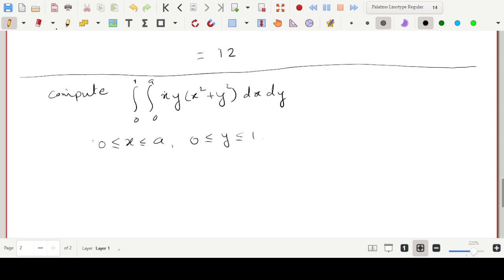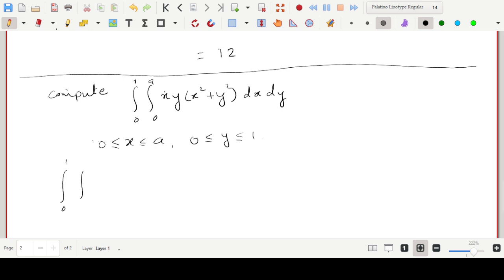Here the value of a is not given, that is an arbitrary value. So the answer that we obtain will be in terms of a. Okay, let us go ahead and solve it.